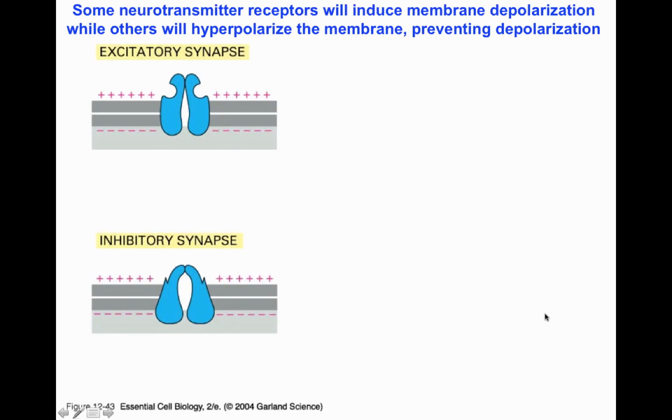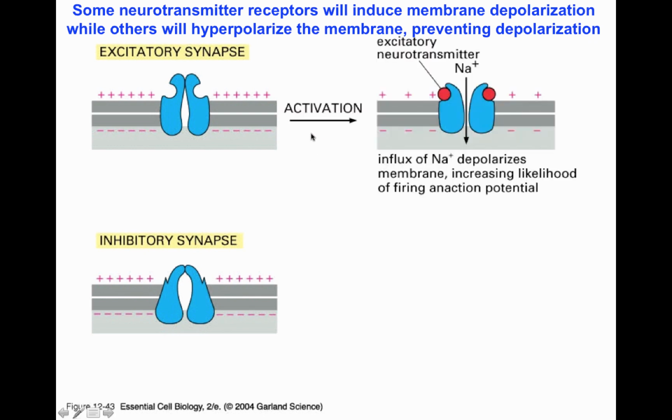So now, not all receptors are going to be excitatory. Some of them are going to be inhibitory. So some of these neurotransmitters will induce membrane depolarization, while others are going to hyperpolarize the membrane, preventing depolarization. For example, the acetylcholine receptor: when acetylcholine binds to the receptor, it will open the channel, allowing sodium ions to come inside.